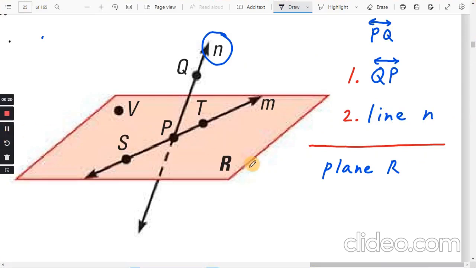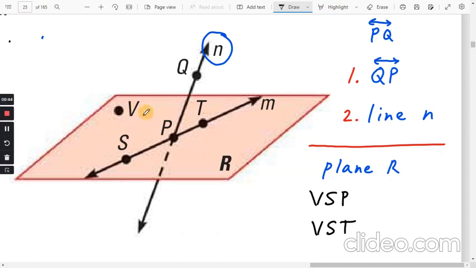Now for plane R, the other ways to name plane R, you want to use 3 points that are not on the same line. So you can't use S, P, and T together. So you can say VSP. You can say VST.